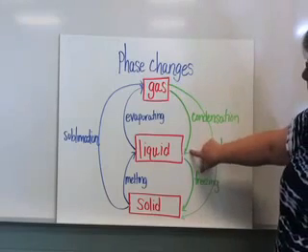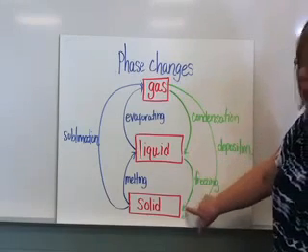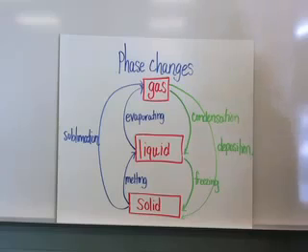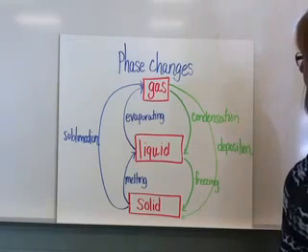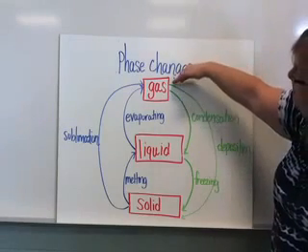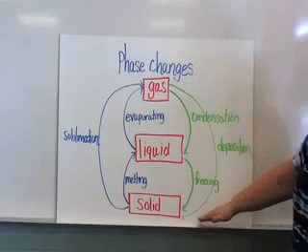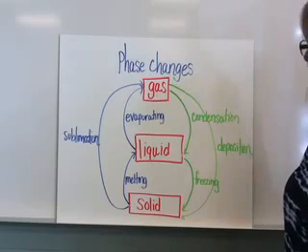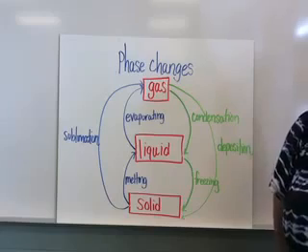If we've got a liquid and you lower its temperature low enough, it forms a solid, or you've increased the pressure enough, we call that freezing. And you can have something go directly from the gas phase down to the solid phase, skipping that liquid phase altogether, and that's called deposition.